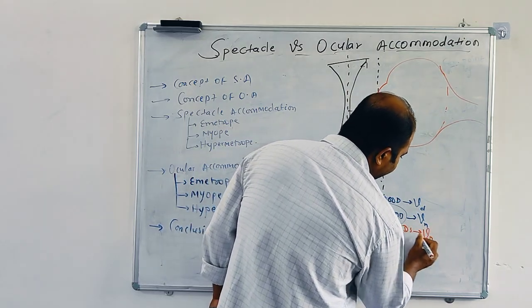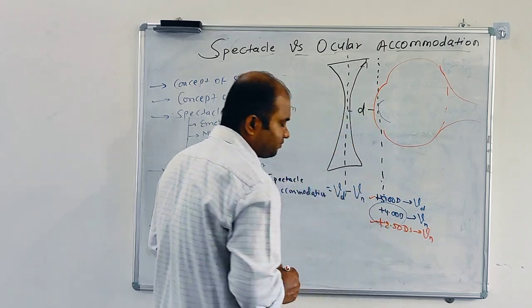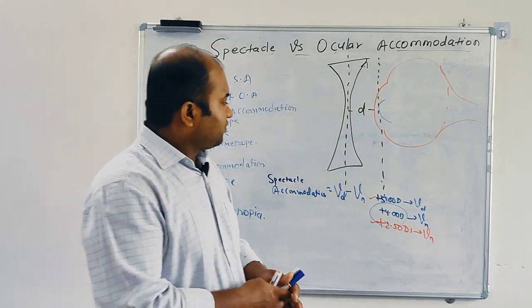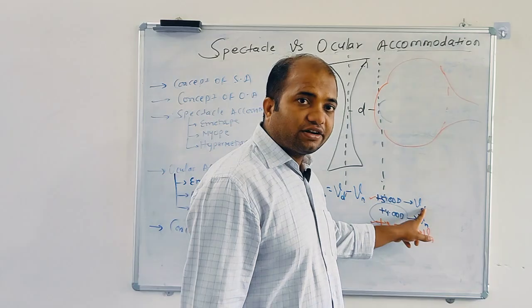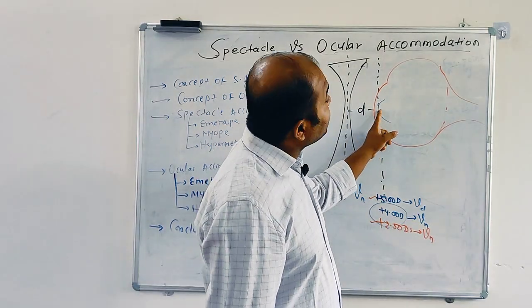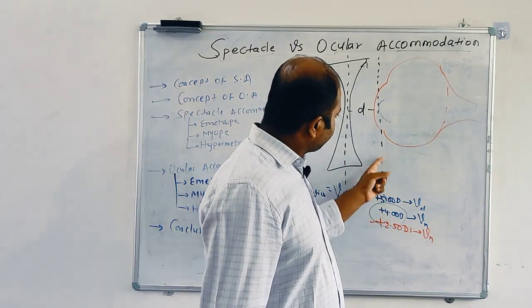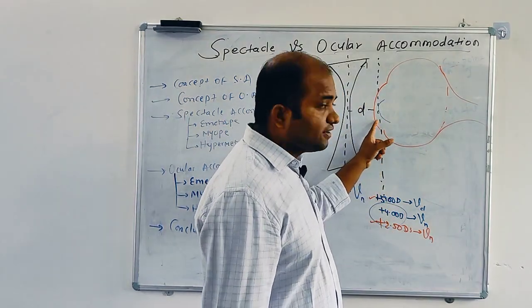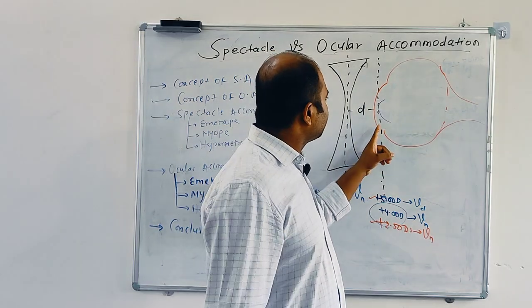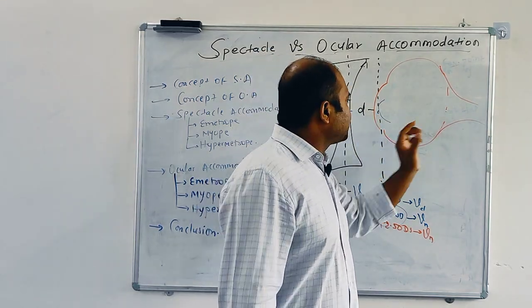This is Vn. Now see this too. When you are seeing far, it is +5, and light is getting focused on the retina. If it is +5, just examples I'm telling you, it is getting focused on the retina.